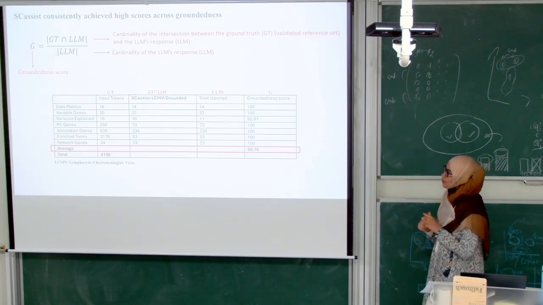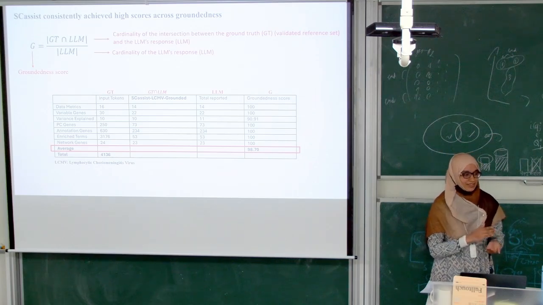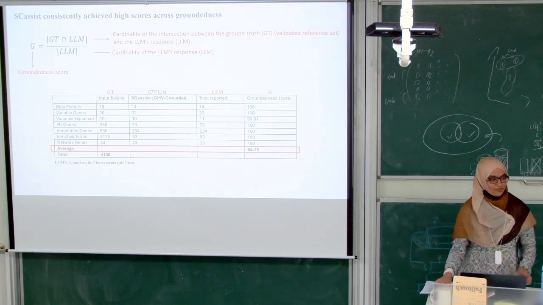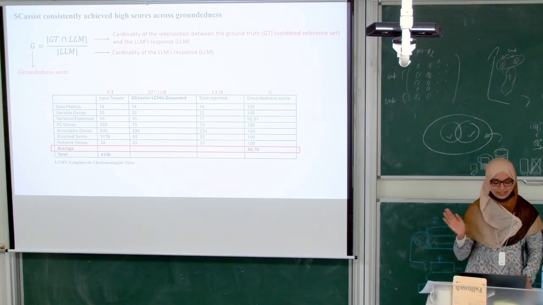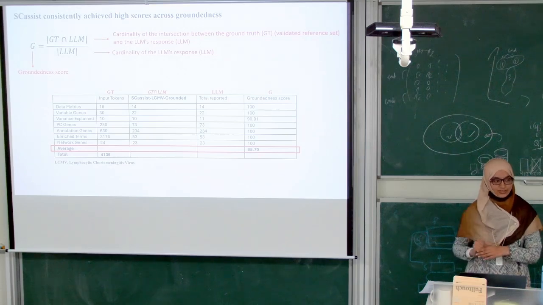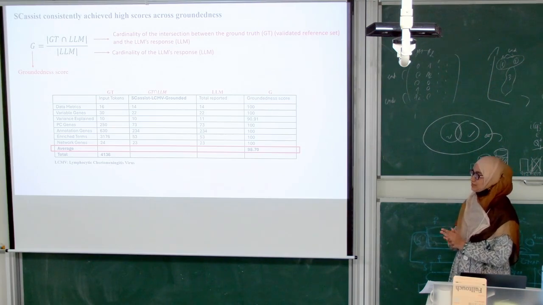First they performed it with ground truth, meaning the verified results. It will have a set of genes, and then if we run single cell assist, following the LLM's recommendation, we will also get a set of genes. Then they compared how well these results matched.